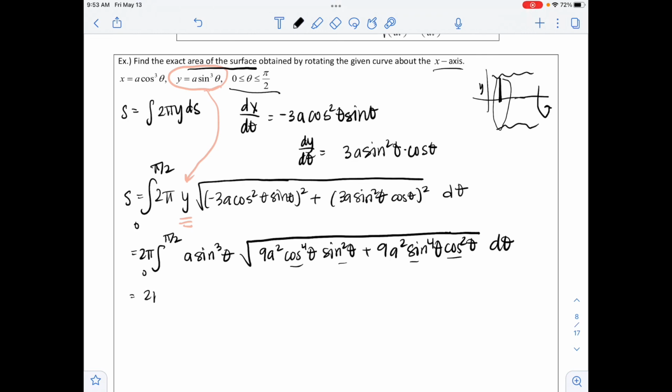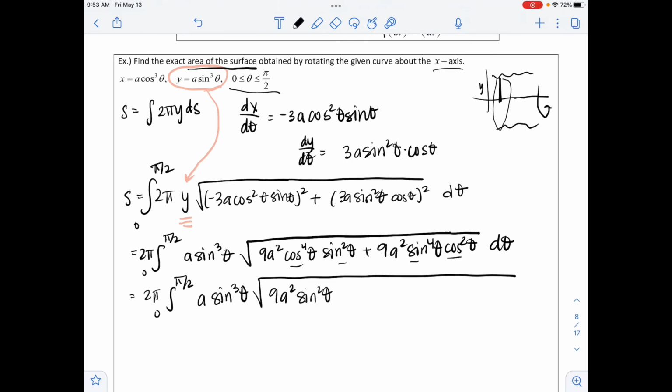So this is now going to be 2π times the integral from 0 to π/2 of a sine cubed θ times the square root of 9a squared sine squared θ cosine squared θ times, and left over we would have a cosine squared in the first term plus sine squared θ in the second term, dθ, and then by Pythagorean identity, this would just be equal to 1.